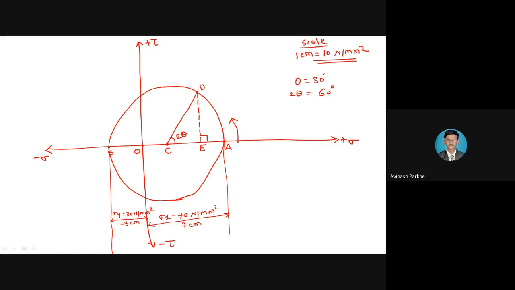Then join the OD point, O and D, by the dotted lines. By mistake, some students are joining the BD point, but we have to follow the standard procedure.